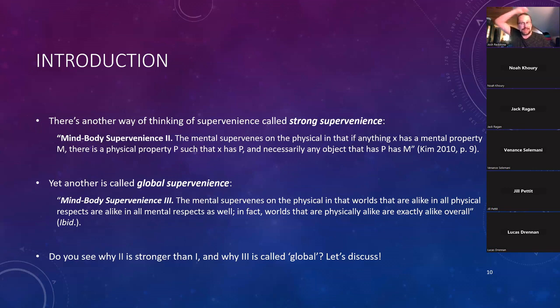So any object that has that physical property will necessarily have the corresponding belief. Does that help? Or can we try to generate more examples? If anyone in the class wants to generate an example, that's welcome as well. But Jill, does that help clarify that?